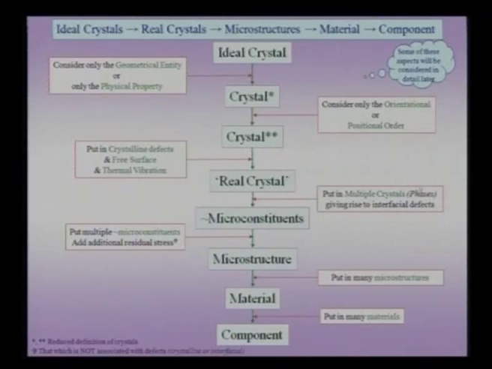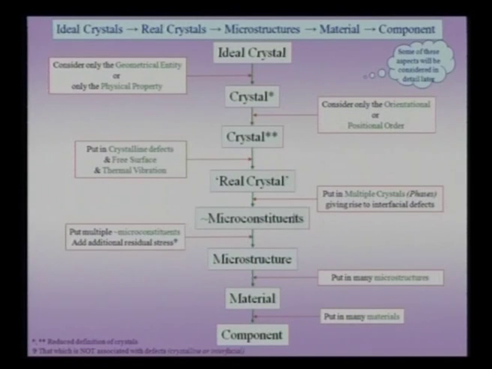So this is something which will become unavoidable when you put in multiple phases, and this would give rise to a concept of a micro constituent. So these concepts we will take up later in the course, wherein we will see names like, for instance, pearlite. Pearlite is a micro constituent which is made up of alpha and Fe3C, which is typically found in plain carbon steel. So you can see those kinds of micro constituents, and they are made up of multiple phases with interface, and interface itself is a defect.